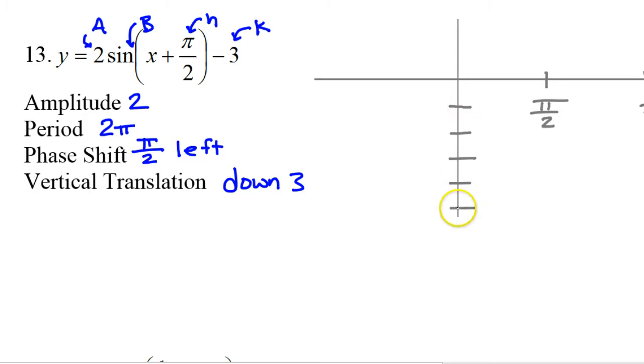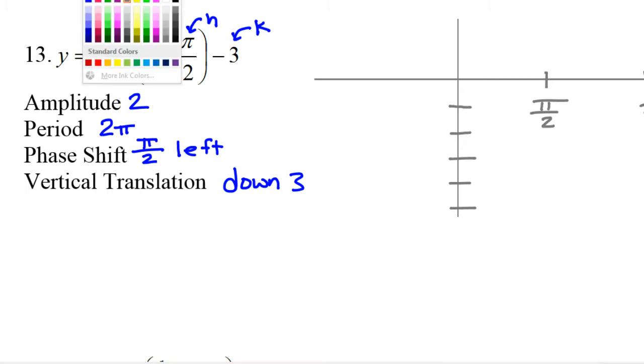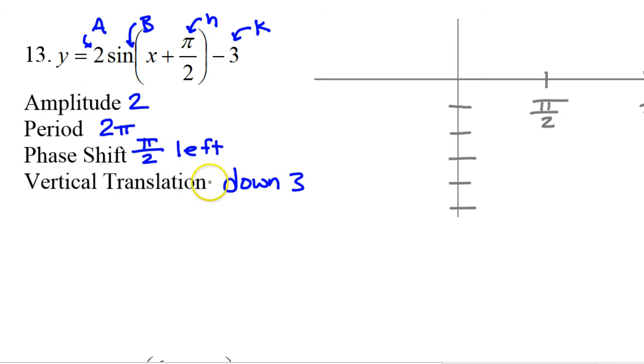As I'm choosing my markings, I'm also looking at my amplitude, because I know that wherever I put this midline, I'm going to have to go up 2 and down 2 because of the amplitude. So my midline, vertical translation down 3, so I need to label this. So I have -1, -2, -3. This is where my midline will be. I'm going to go ahead and put -4 and -5, label that as well.